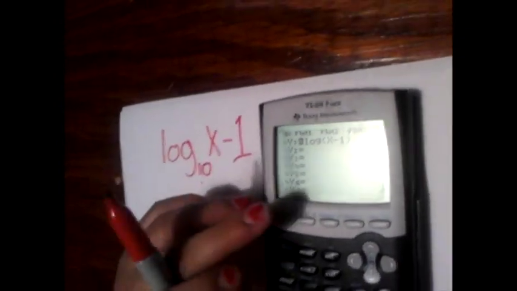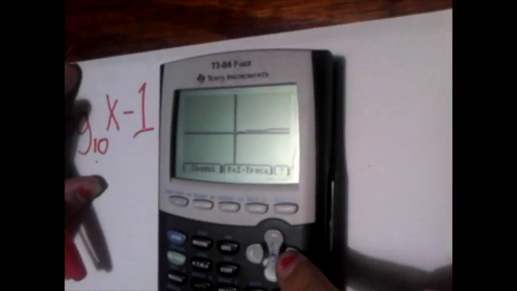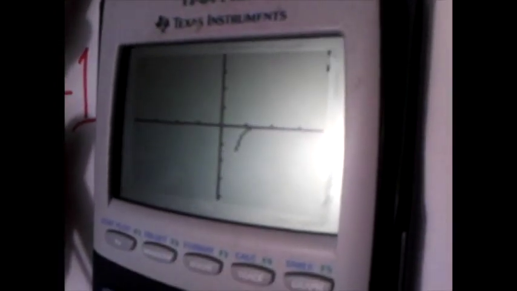So we're going to go graph, and it should graph out the thing. You can barely see it, but if you can, that's pretty much what it looks like. Now, since it is so zoomed out, we're just going to go zoom, and zoom in. Alrighty, as you can see here, this is what it looks like.